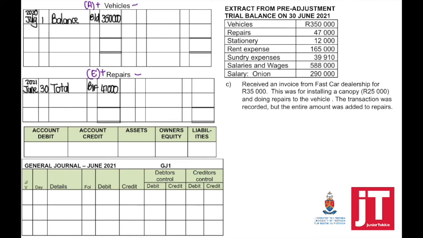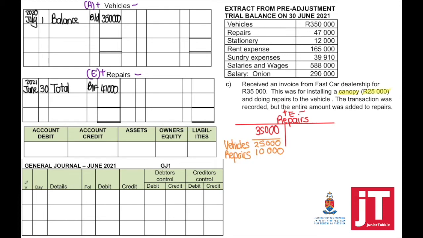So from the pre-adjustment trial balance, vehicles has a balance brought down on the debit side because it's an asset. Repairs has a total brought forward on the debit side because this is an expense. So what happened here? The entire amount, that 35,000, was debited to the repairs account.